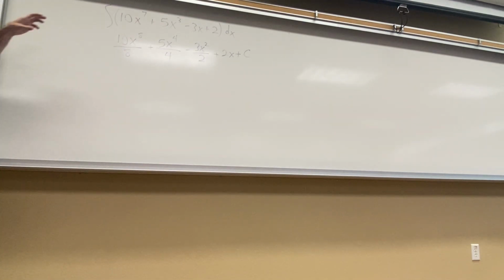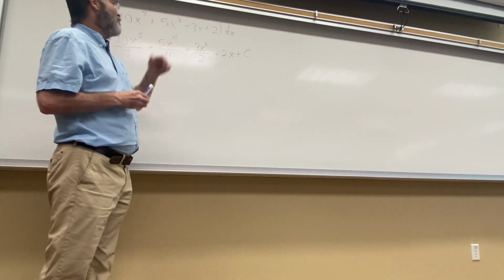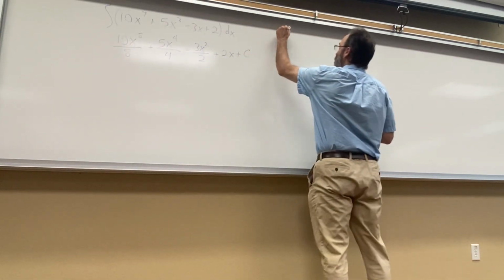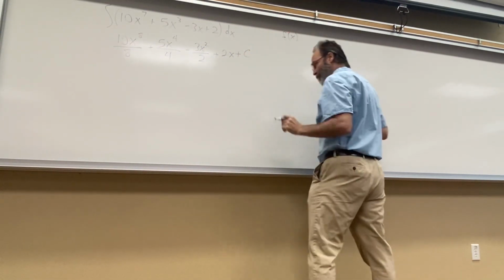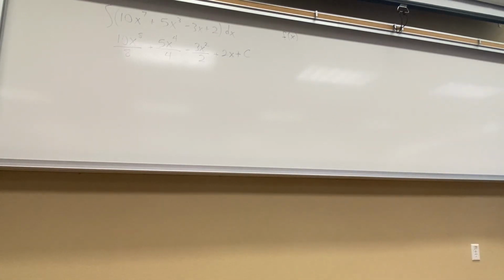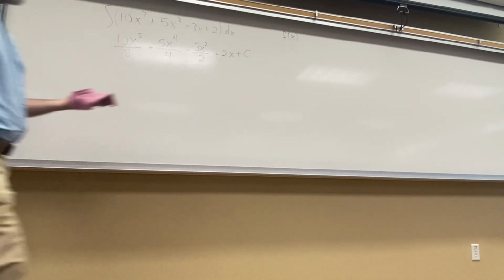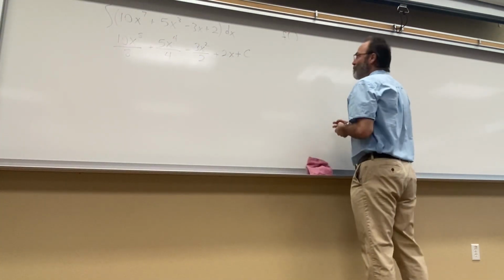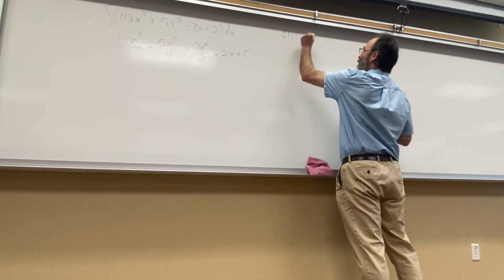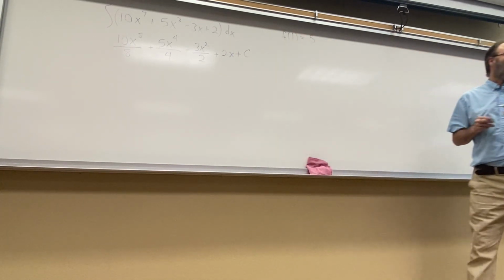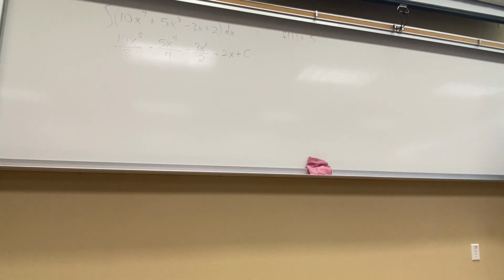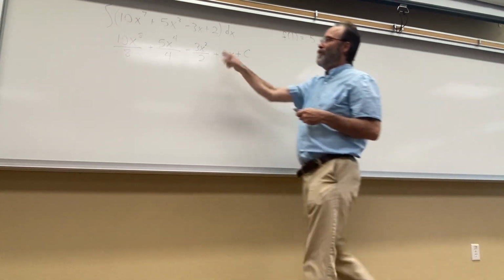So if this is our f prime of x, say f of 1 equals 5. We're just given this extra piece of information. How can we use this extra piece of information to find the value for c?